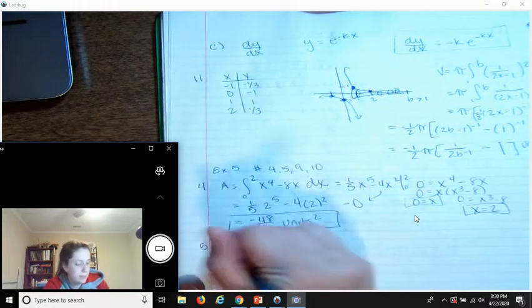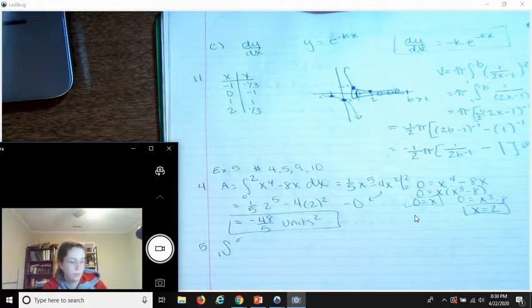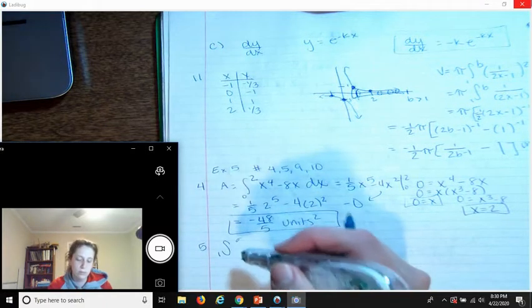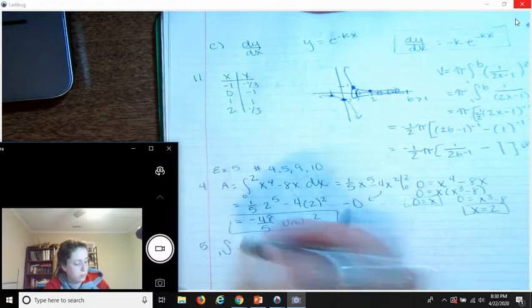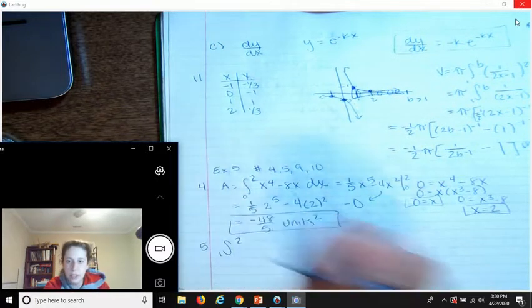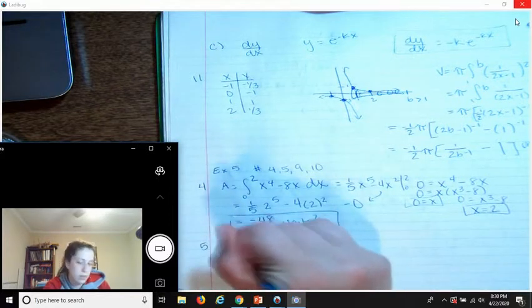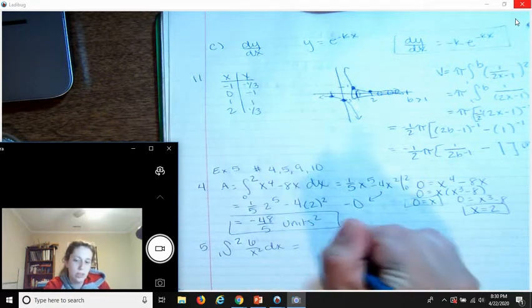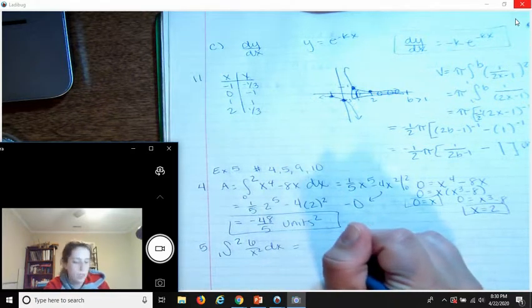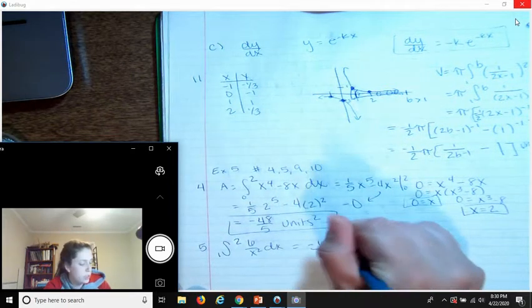This one was nice. 1 to 2 of 6 over x squared. This integrates to negative 6 over x from 1 to 2.